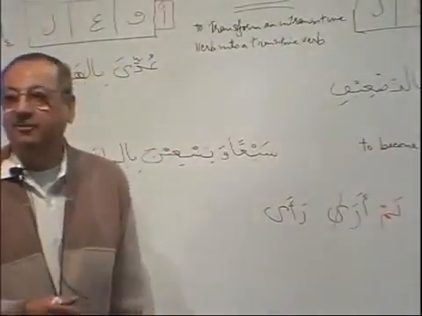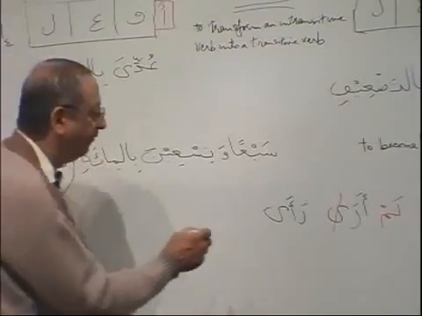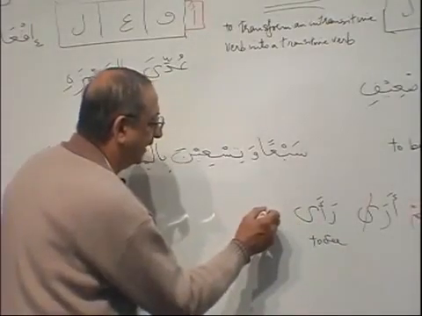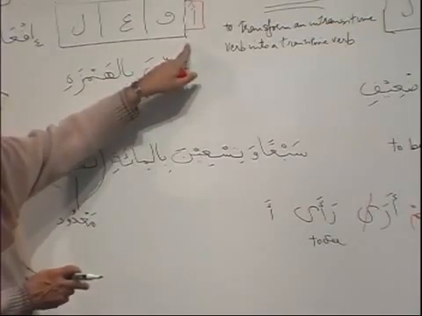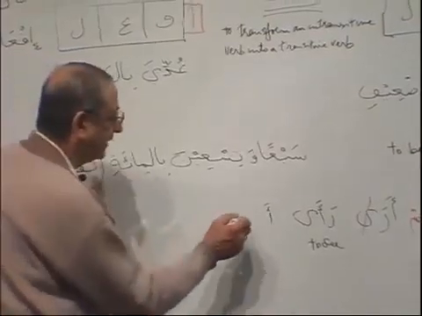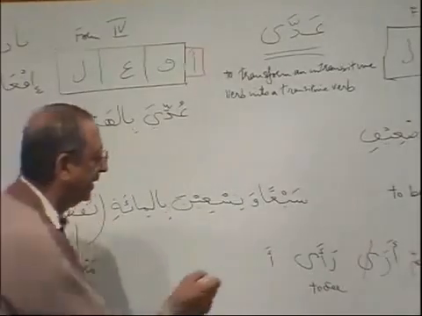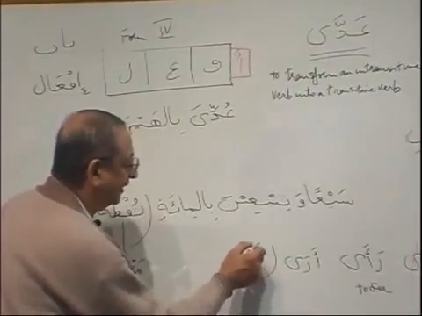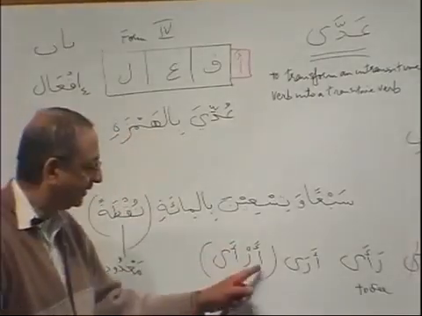Ra'a. How many maf'ulun bihi? To see. 1. Change into form 4. This is to show. And then we bring the hamza. Okay? Hamzatut-ta'diyah. Hamza that makes the verb transitive. Ara. Now this actually is ar'a, 4 letters.